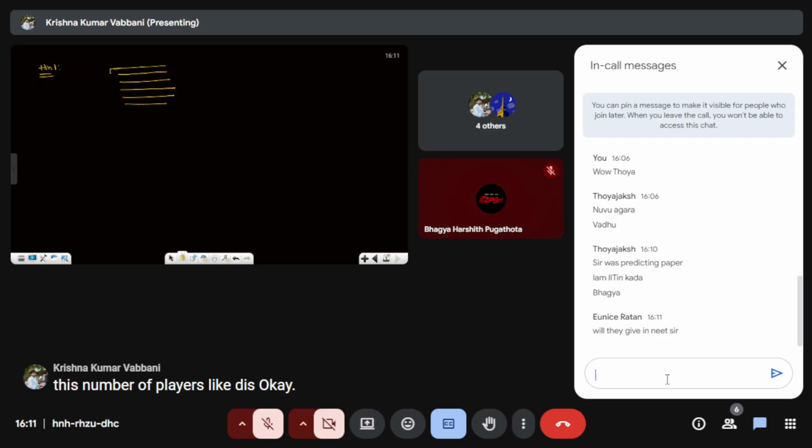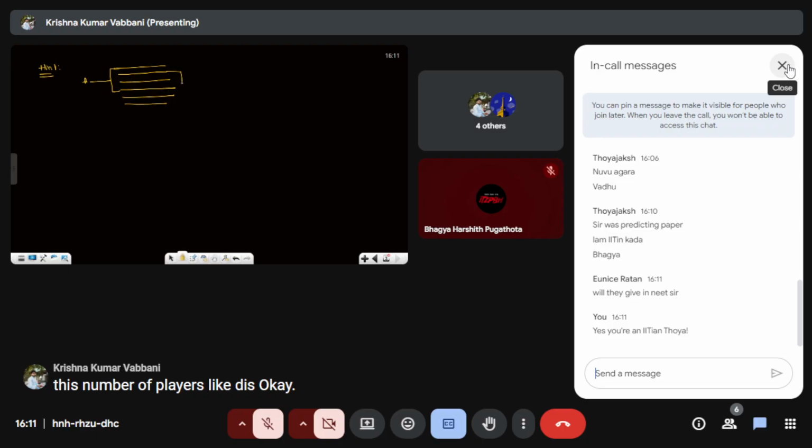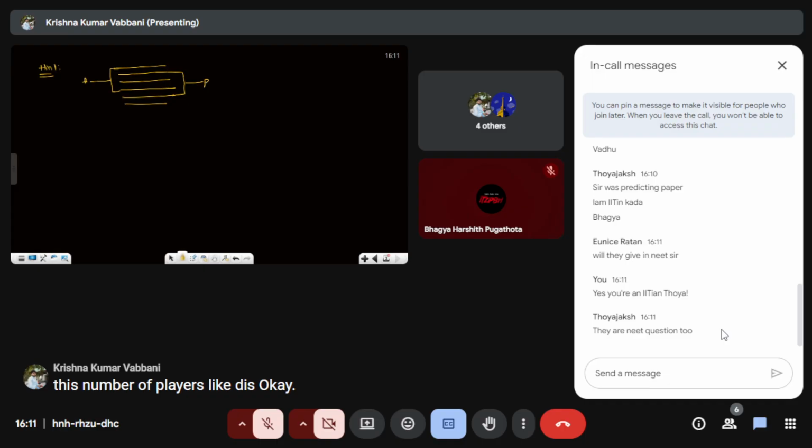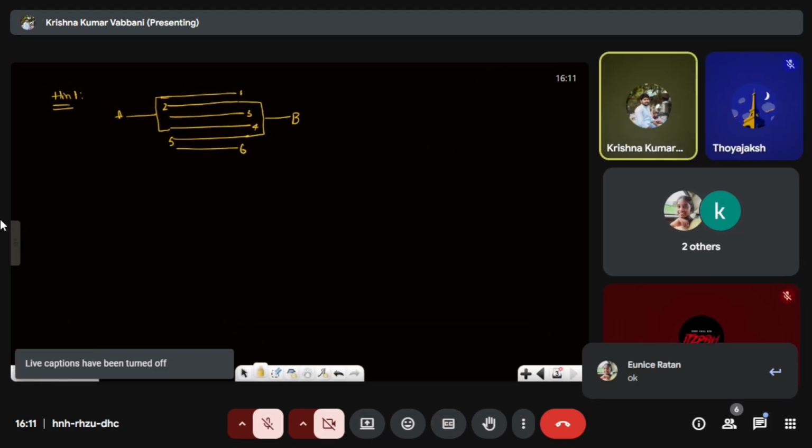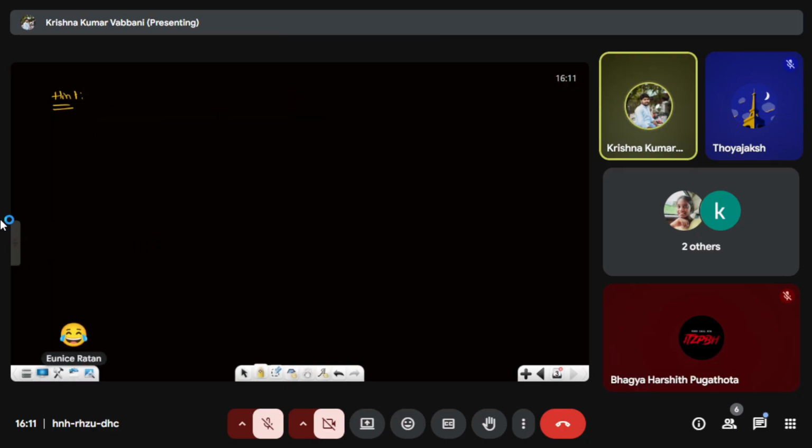If these plates are attached to something, and this is also attached like this, this is the B. The diagram is wrong. Wait. Okay, let's not do that. I will take the question, then you will understand.